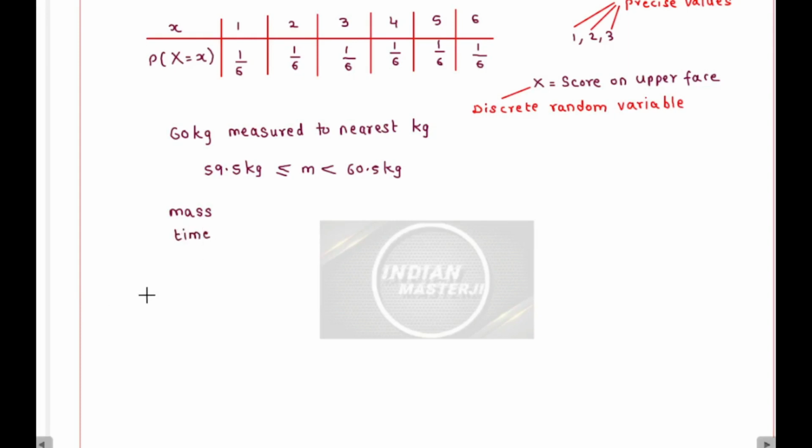Similarly, if I have to measure my height, and I say it is 150 centimeters, correct to the nearest centimeter, then again it's not the precise value. My height can be in a particular interval. So length also is nothing but a continuous random variable. These are examples of continuous random variables.